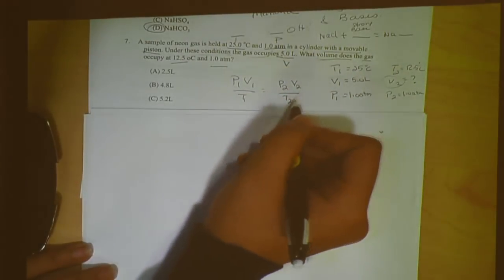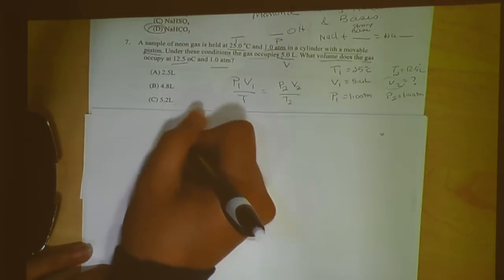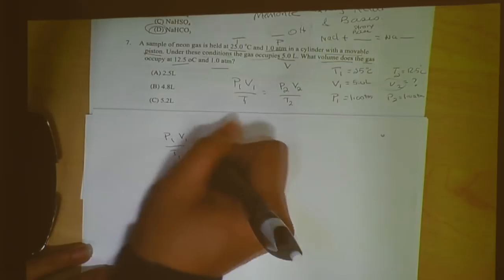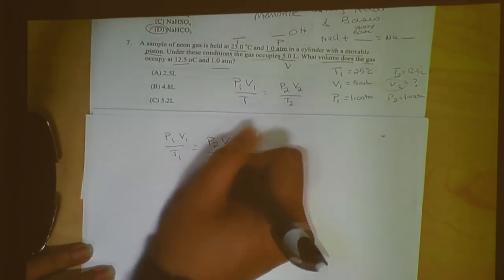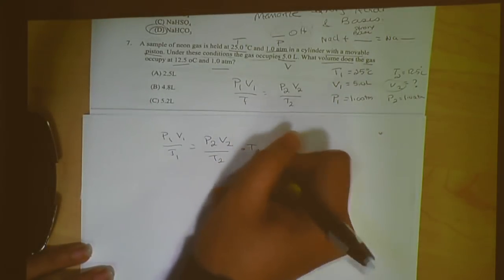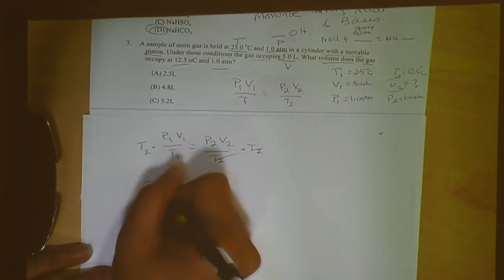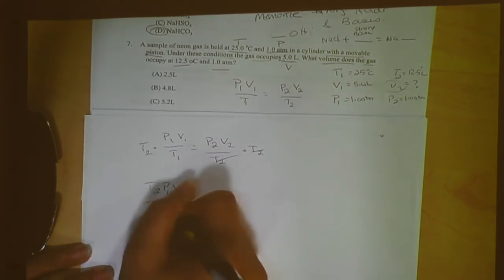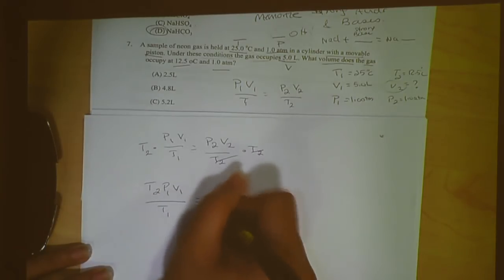You are solving for V2, so alter the equation so that V2 is on its own. You have P1 V1 over T1 is equal to P2 V2 over T2. The first step is to multiply by T2 on both sides. This cancels out, so T2 P1 V1 over T1 is equal to P2 V2.